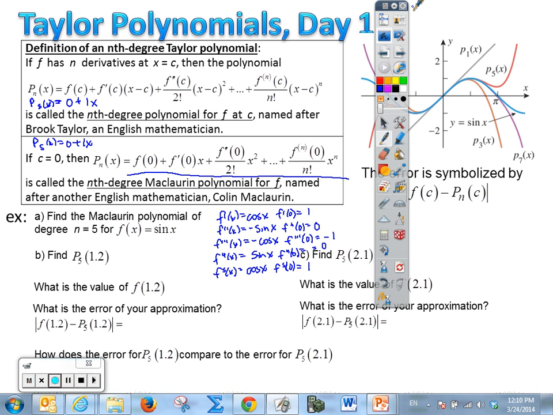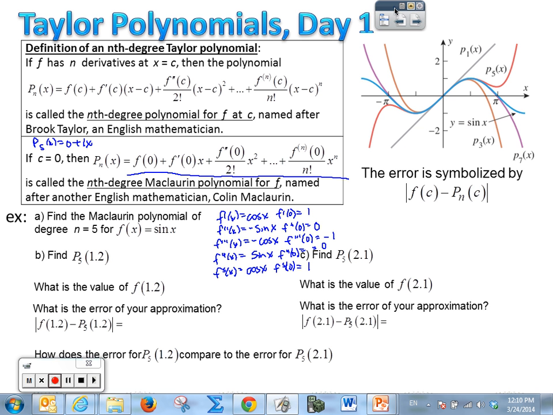Then the next one, the second derivative, whose value is 0. So plus 0 over 2 factorial times x squared. I'm just using this pattern right here. Then my third derivative is negative 1, so negative 1 over 3 factorial times x cubed.